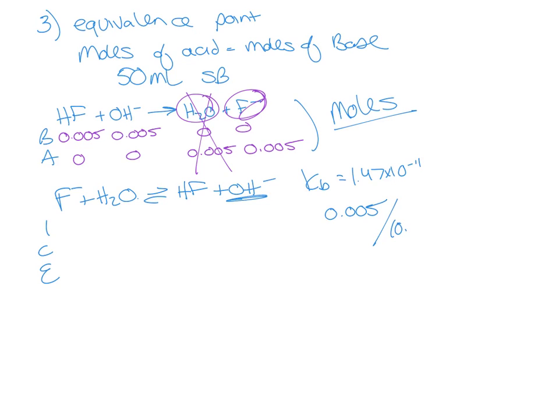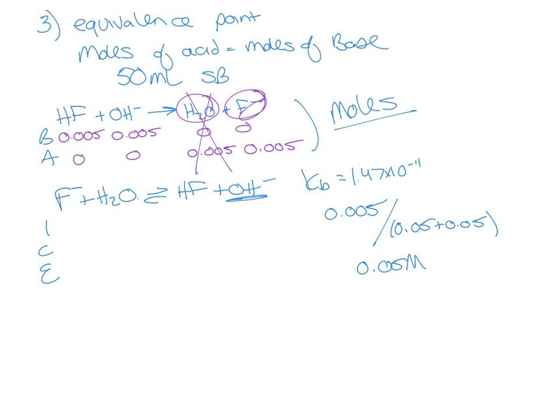Well, I started with 50 milliliters, and I'm adding 50 milliliters to get to my equivalence point, which I calculated on the last slide. So I'm doing 0.005 divided by 0.05 plus 0.05, and I get a concentration of 0.05 molar.